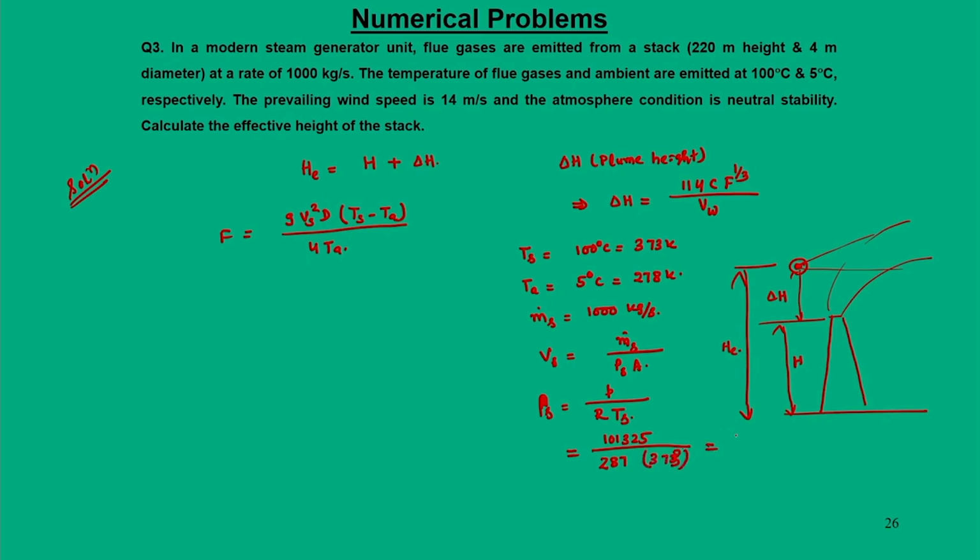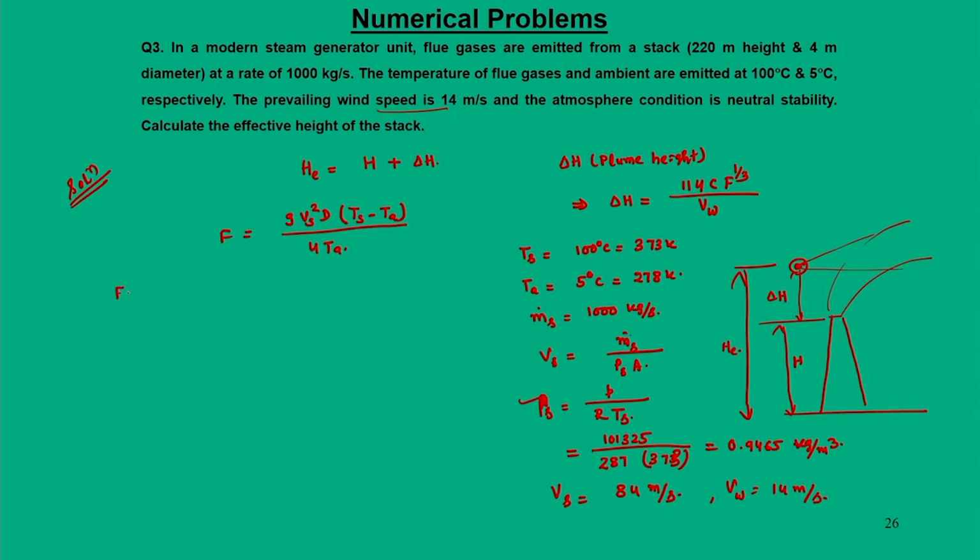So, this will give you rho S as 0.9465 kg per meter cube. So, once you know rho S, we can find out V S, velocity of the stack gas. V S is 84 meter per second. Of course, we know the wind speed VW, which is given as 14 meter per second.